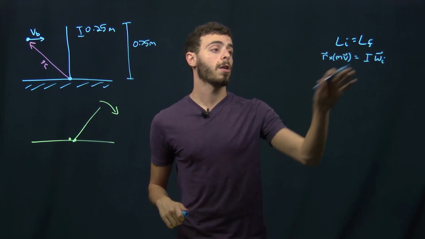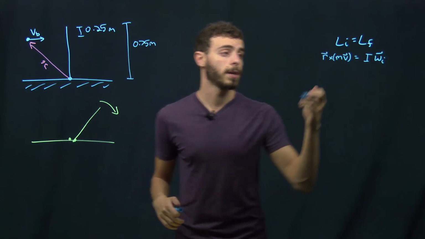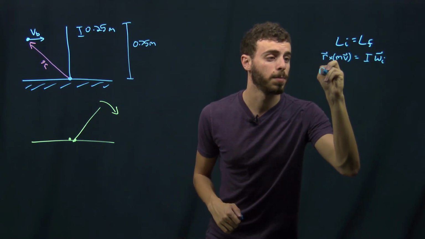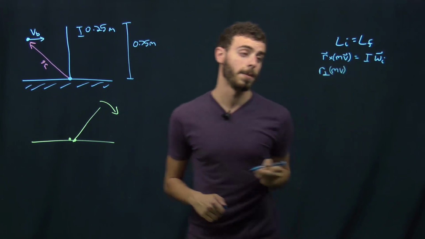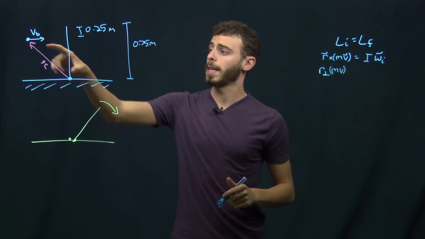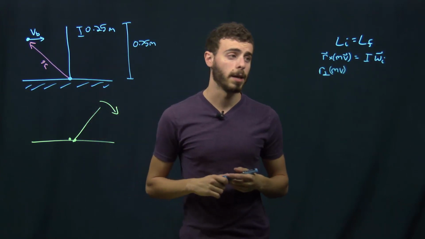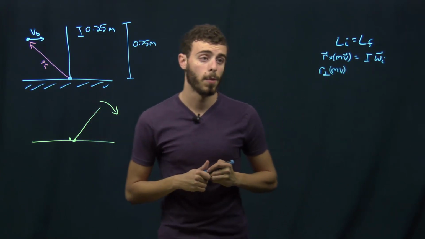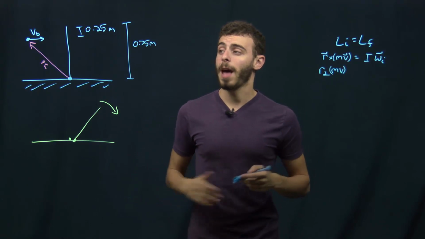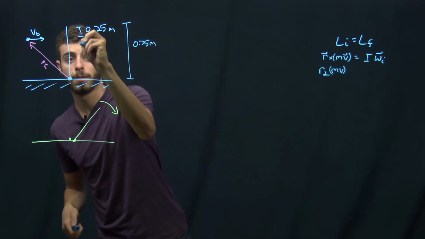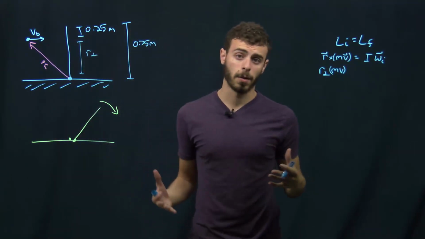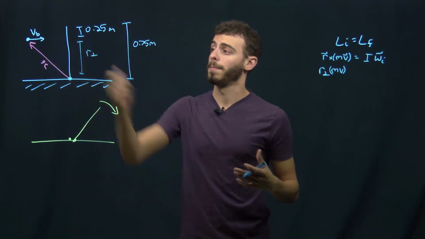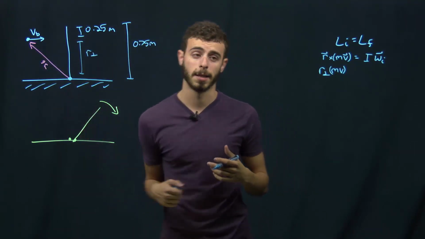But if we recall cross products, this cross product is more simply written as r perpendicular times mv, which is to say we can take the perpendicular component of our radius and just multiply it by the momentum. The r perpendicular, which is defined right here, is the same at all times of this bird's motion before it hits the bar.